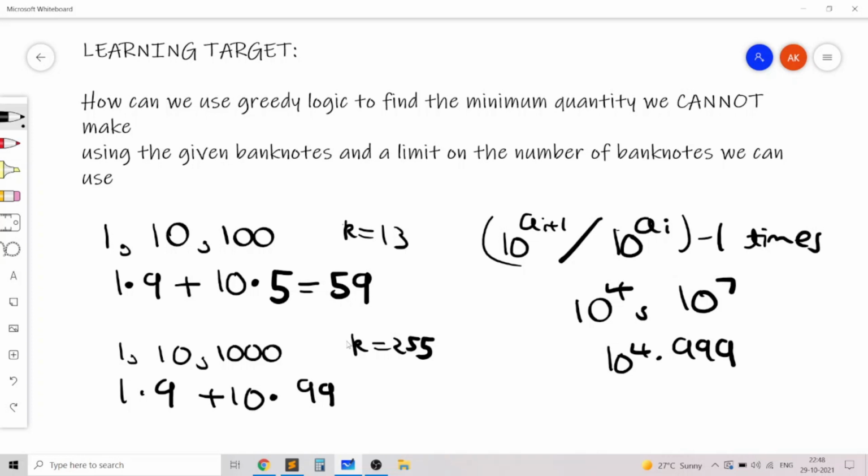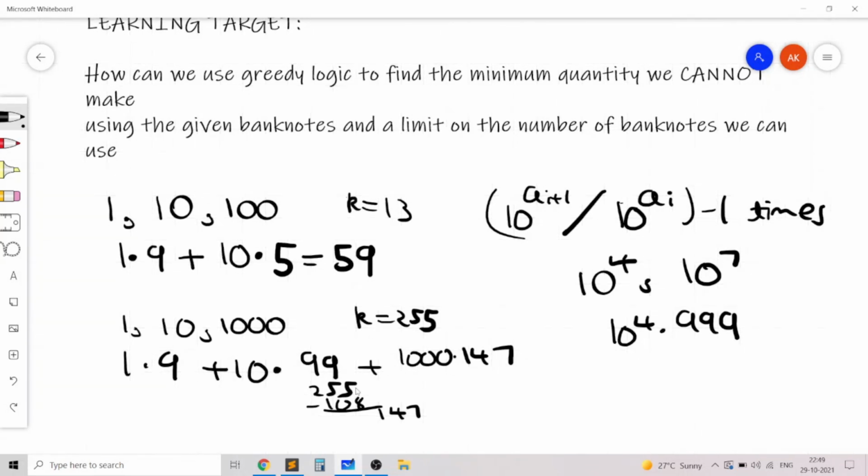So now continuing with the sample test case, we see that we can use 10 only 99 times. So the total so far is 108. The remaining is 255 minus 108, which is 147, and we can use 1,000 that many times. Actually we want to make k plus 1 banknotes, so instead of 255 we'll take 256 and subtract the total so far to get 148.